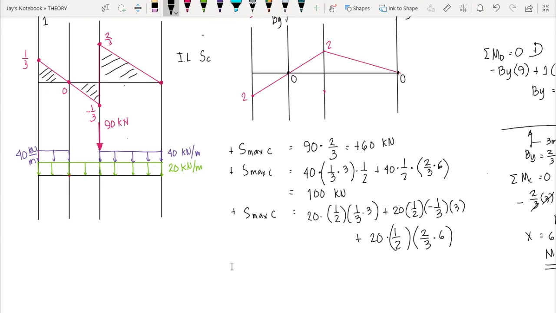Again, this is 6, and this is 3, and this one is also 3. So we have the maximum shear at C due to the dead load, which is 40 kilonewton.